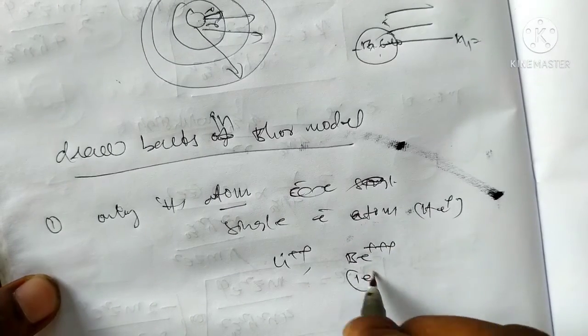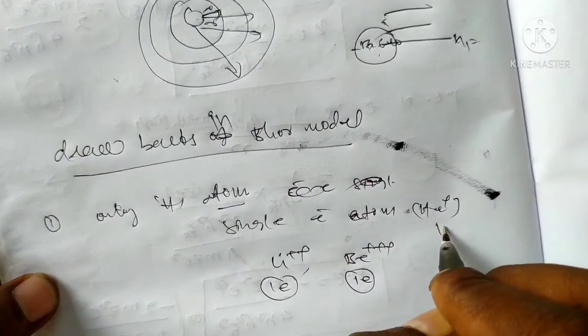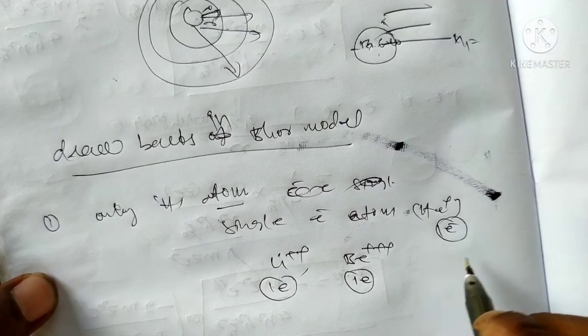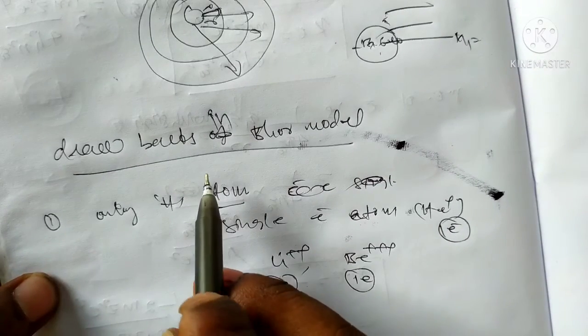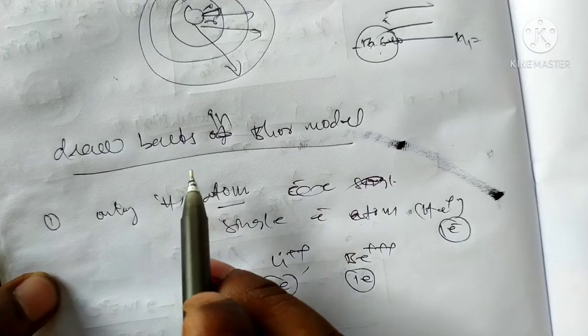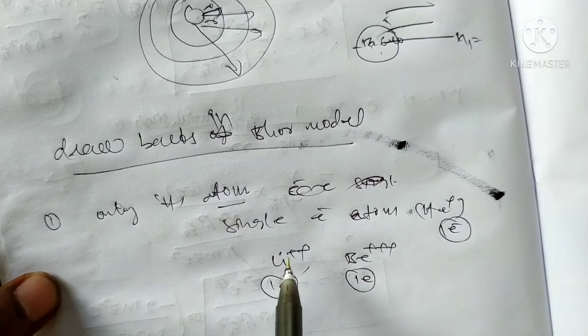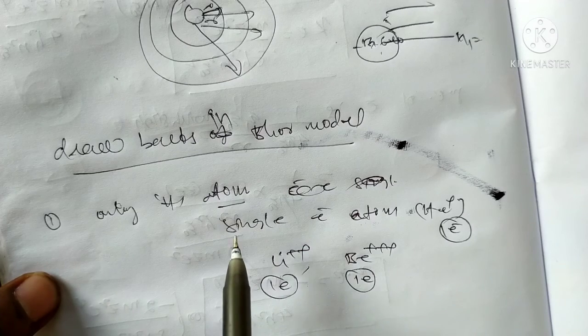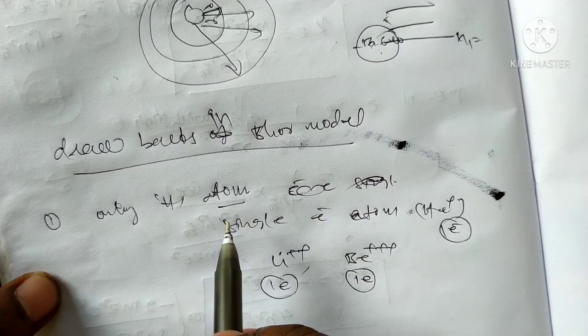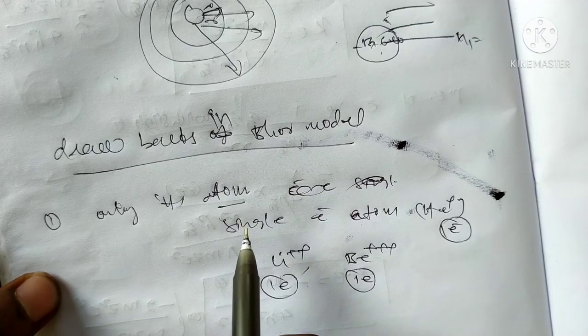There is one electron here, one electron here, one electron here. The first drawback is that Bohr explained only the single electron, not 2 electrons, 4 electrons, 5 electrons. It is applicable only for a single electron.